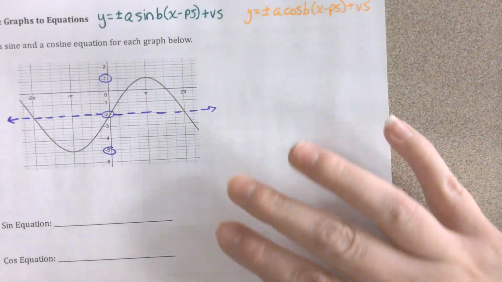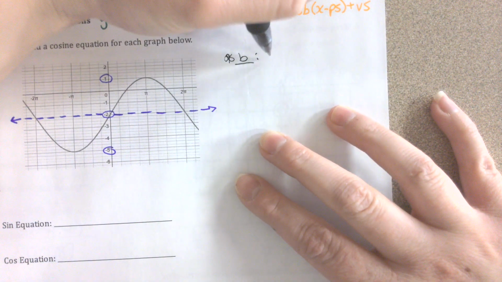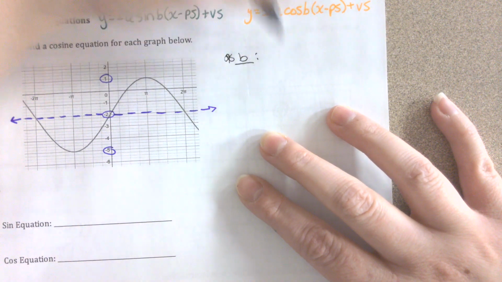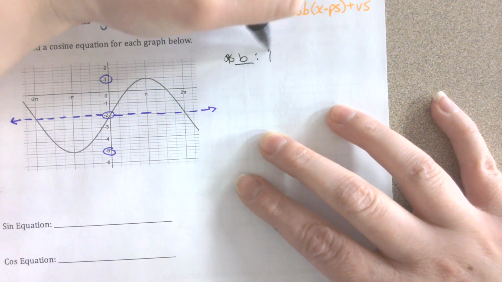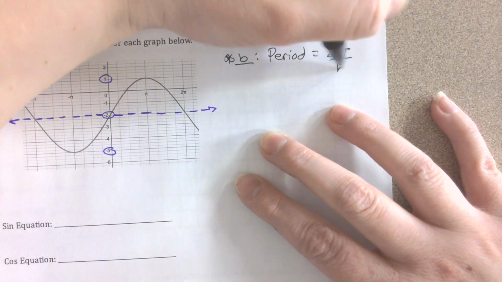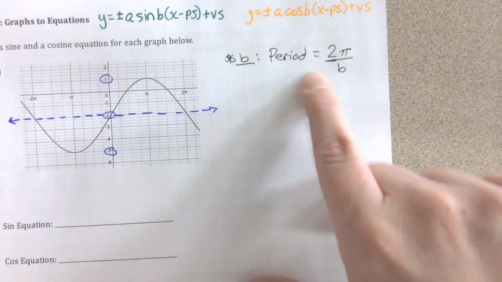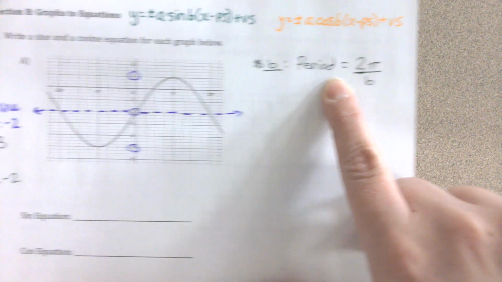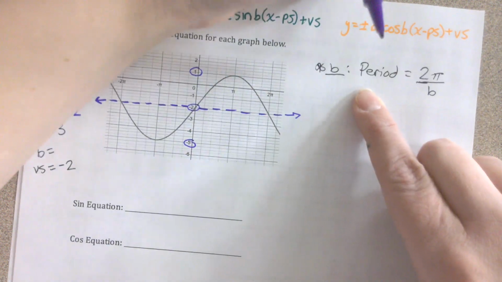Because, reminder, to find B, you use the formula. Period equals 2 pi over B. So we need to find B, and in order to do that, we must first find the period. And this is done by looking at the graph. A period, remember, is one curve.